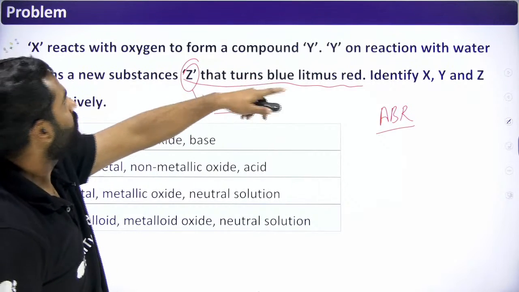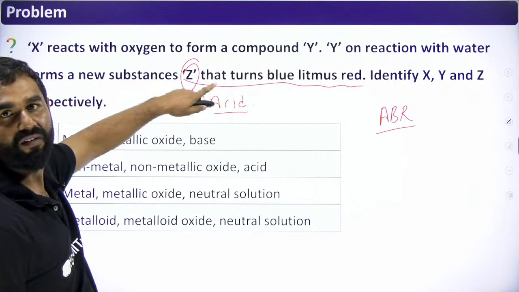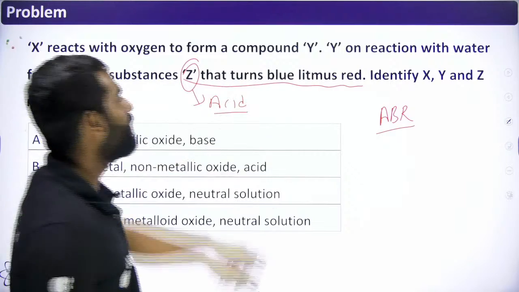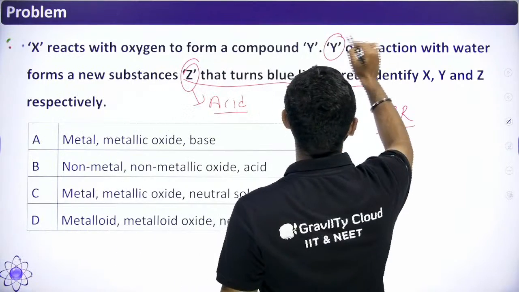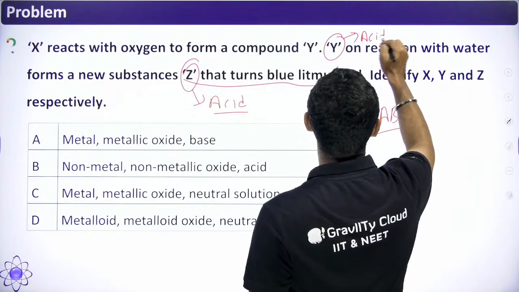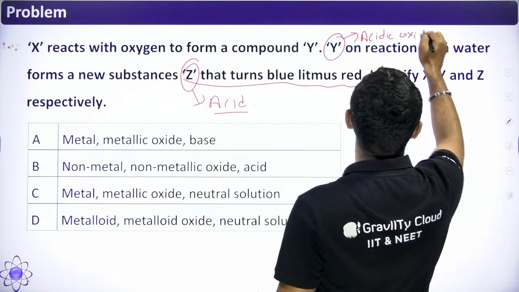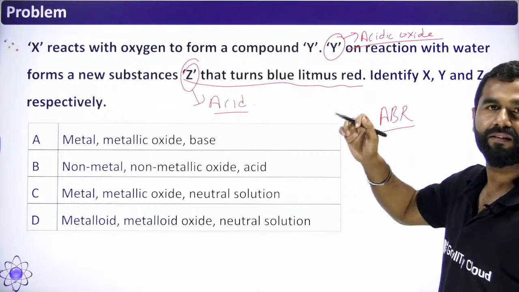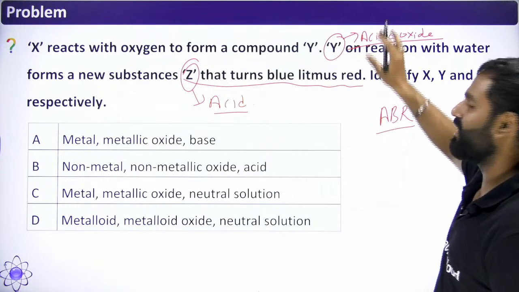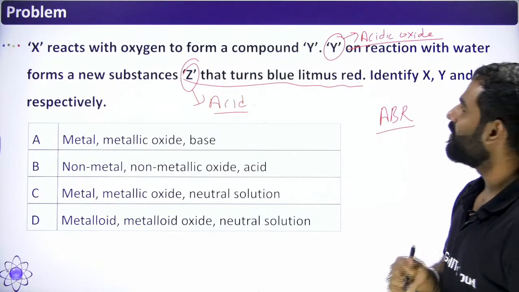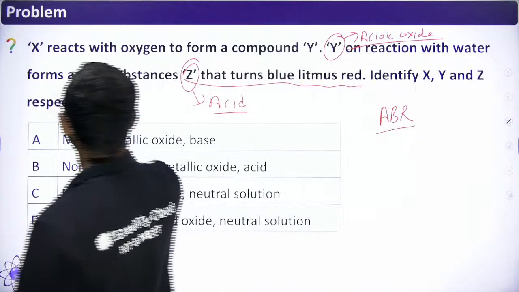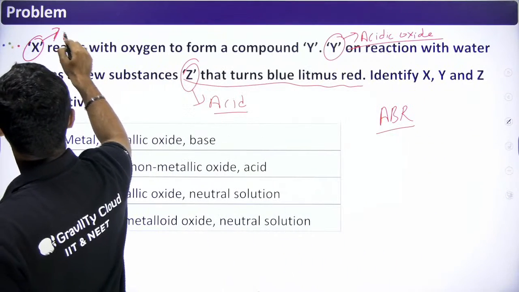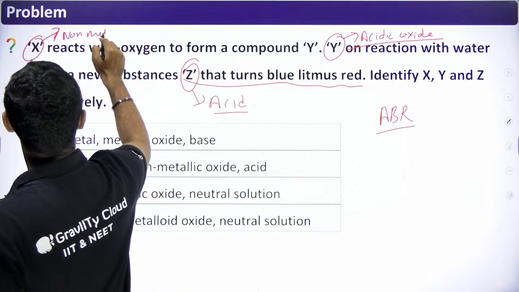Y on reaction with water forms a new substance Z. So what is Y? Y is acidic oxide. Acidic oxide reacts with water to form acids. Acidic oxides are non-metallic oxides. And what is X? X is non-metal.